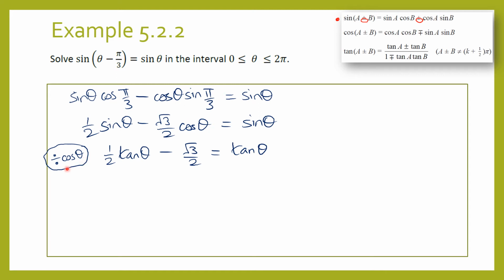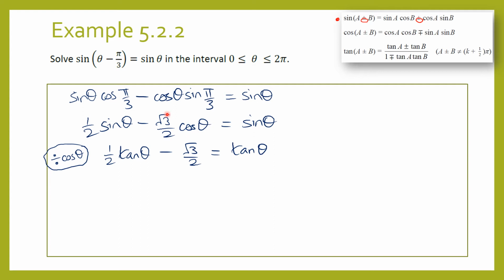Now we were safe there to divide by cos theta. We can be confident cos theta is not 0 in this question, because if cos theta was 0, we wouldn't be able to divide by it, because dividing by 0 is impossible. Now how do I know cos theta isn't 0 in this question? Let's go back to this line here. If cos theta was 0, then theta could be 90 degrees, because cos of 90 degrees is 0.